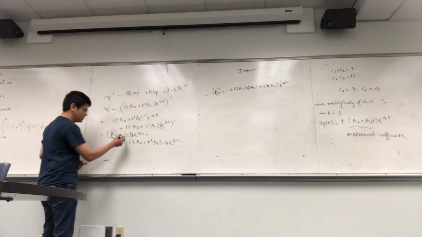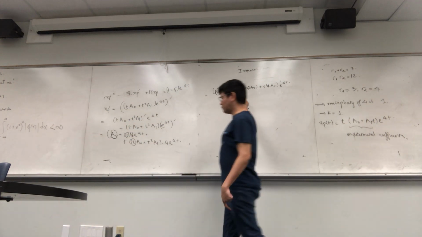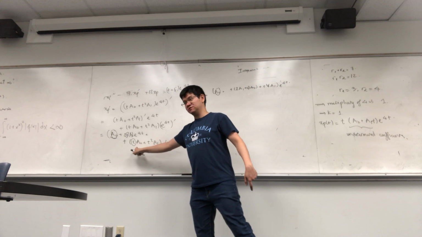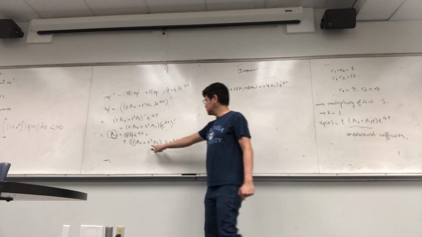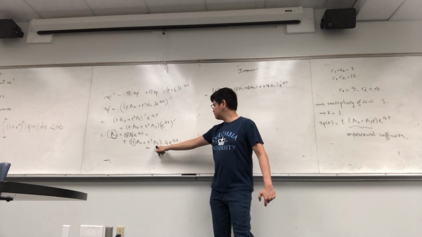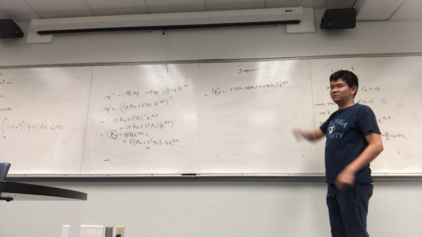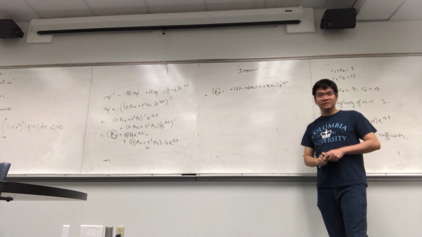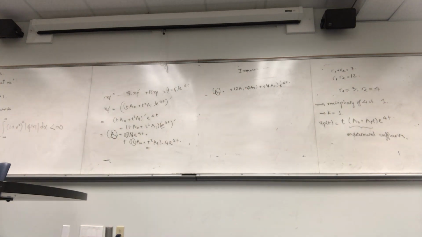I group this t and this t, so this gives me 2a1 plus 4a0, and the leftover is t squared times 4 a1. Is it clear? This is the hardest question because it is a lot of computation.